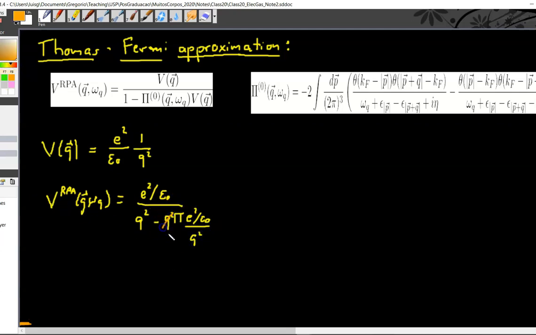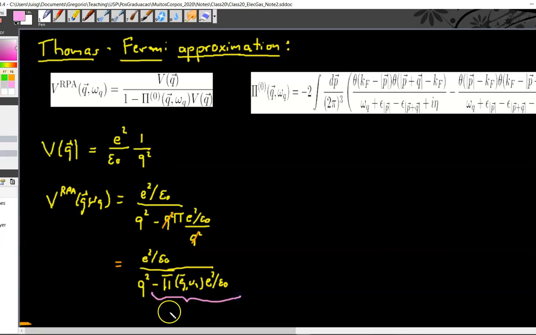So this one cancels out. This should be just e squared over epsilon 0 plus Q squared minus this pi of Q omega Q times a constant.